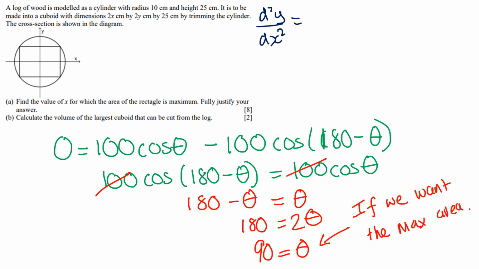If we remember what the first derivative was, basically this line here, and differentiate that again, I would get minus 100 sine theta, plus 100 sine (180 minus theta) times the differential of that, so times a minus 1.